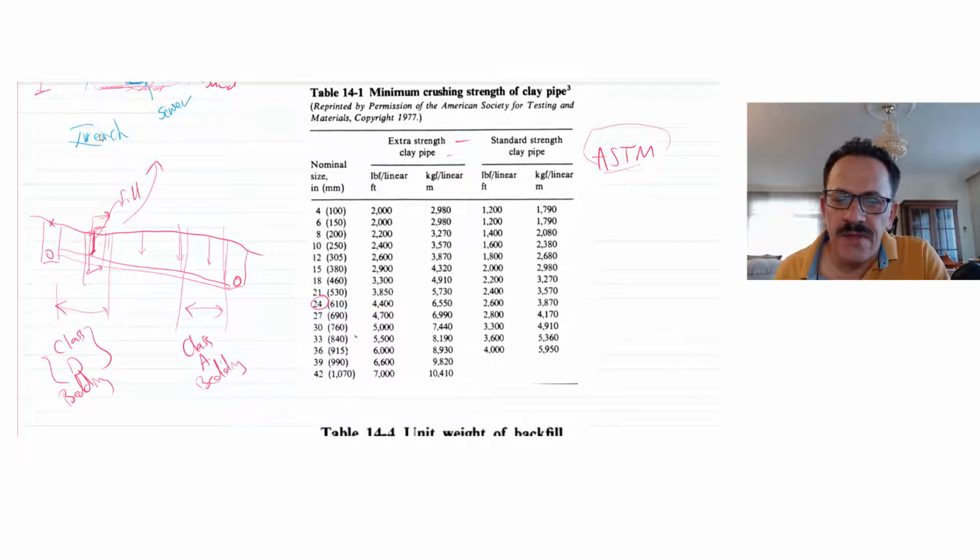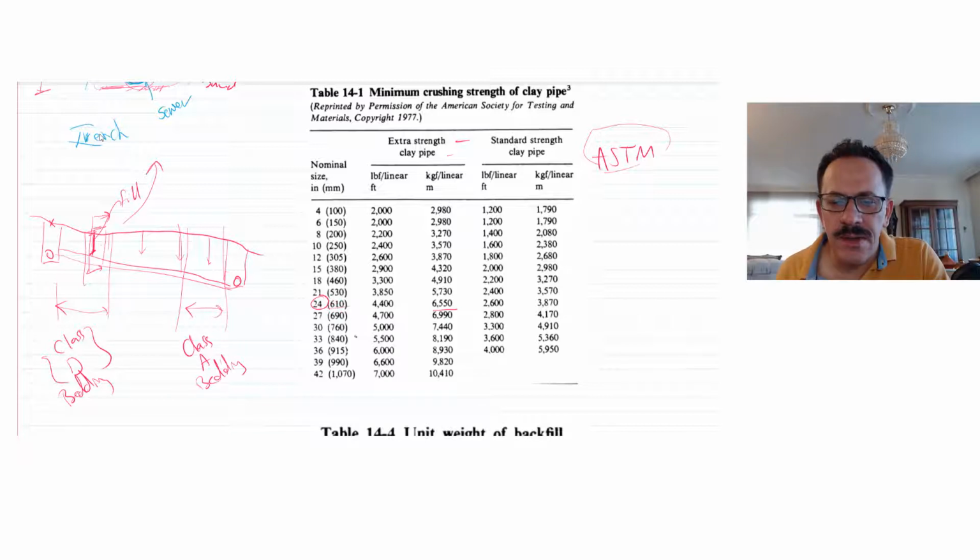So for having a sewer of 24-inch diameter, which is about 610 millimeters diameter, this 1 meter of this pipe has a regular 6,550 kilogram force per 1 meter.